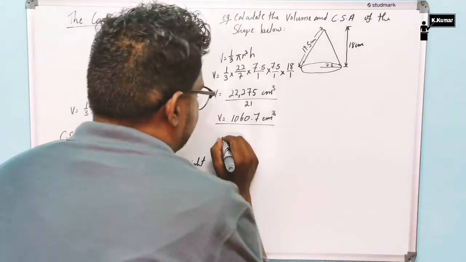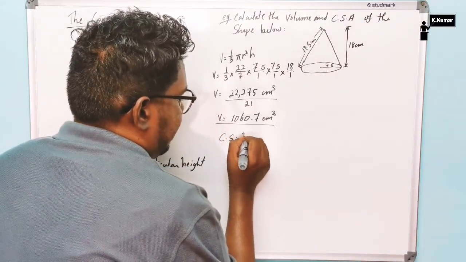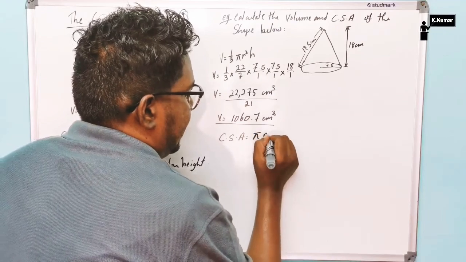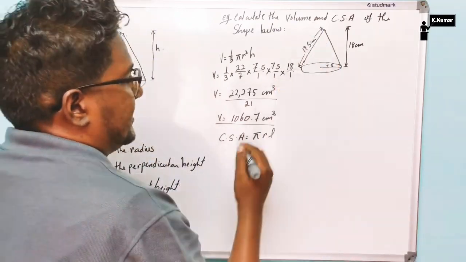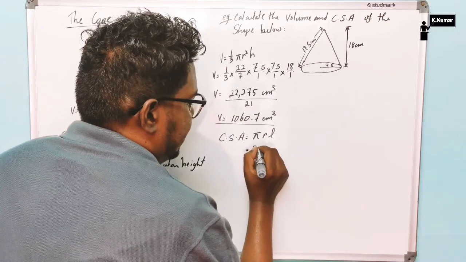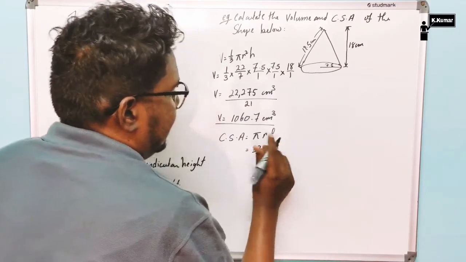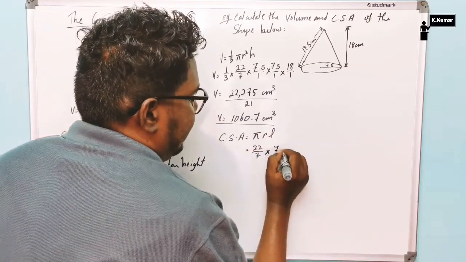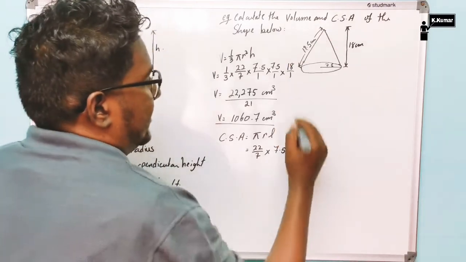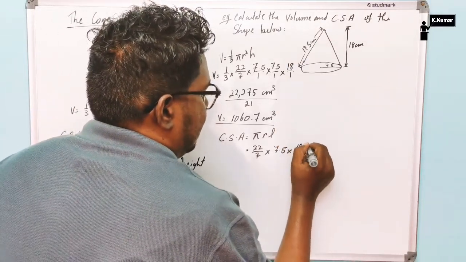The curved surface area, this is pi r L. Remember, L now is our slant height. We know that pi is 22/7, times r, which is 7.5, times L, which is 19.5.